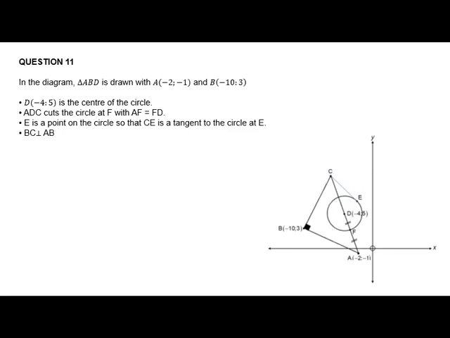Let's start with question 11. In the diagram, triangle ABD is drawn with the coordinates of A being (-2, -1) and the coordinates of B being (-10, 3). D is the center of the circle. Since D is the center of the circle, DF will be equal to DE because those are the radii of the same circle.